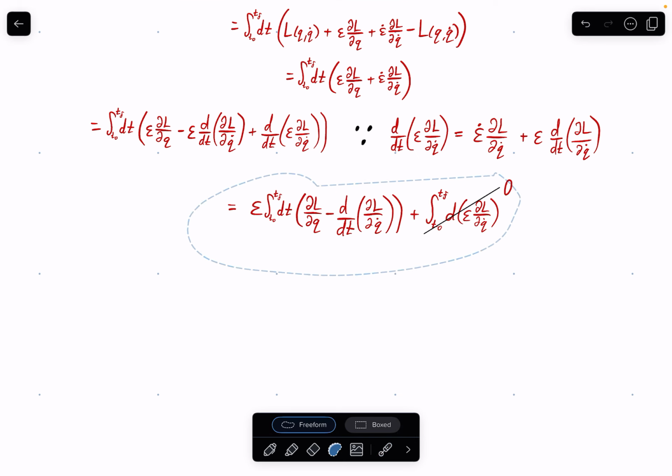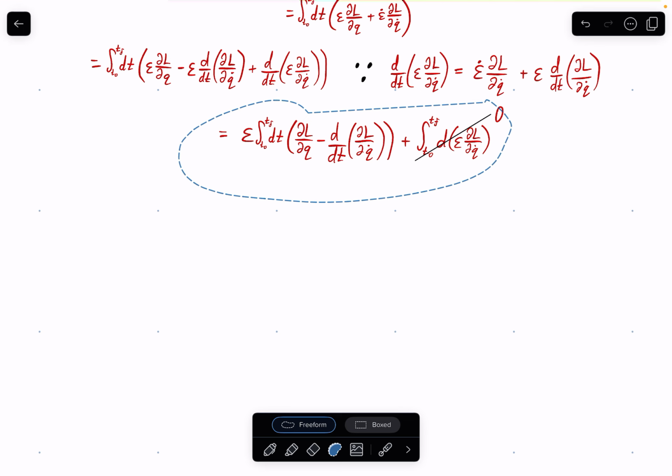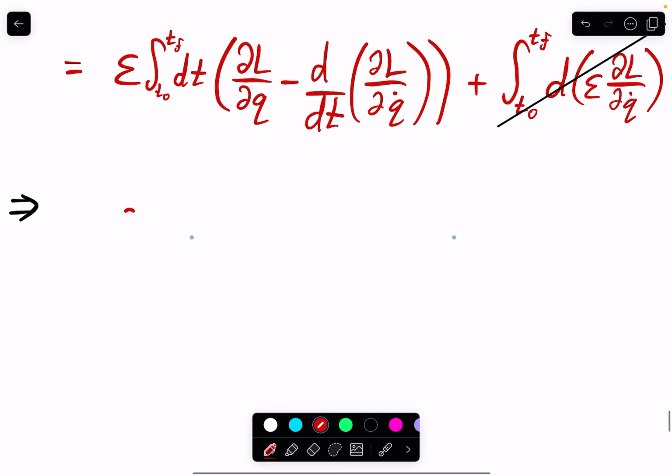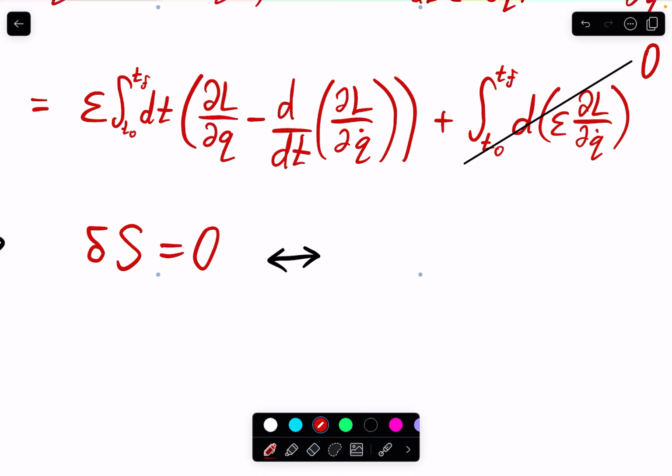And so you're left with the condition that the path, or the action, is extremized if and only if this value here is equal to 0. And that value is only equal to 0 if the two values being subtracted are equal.